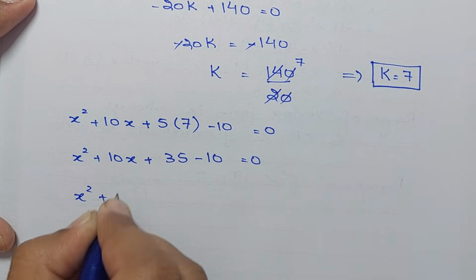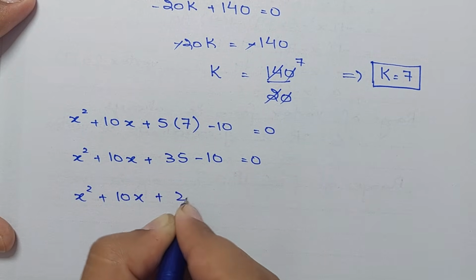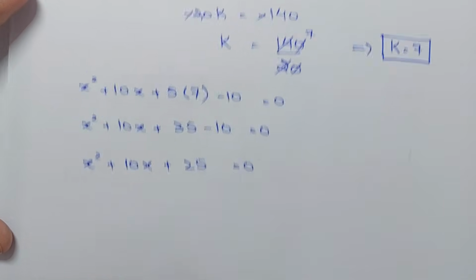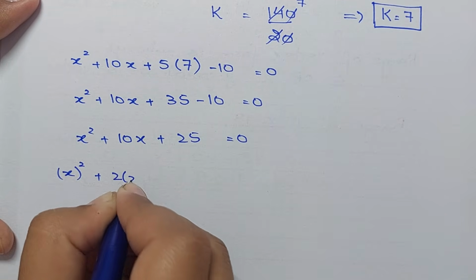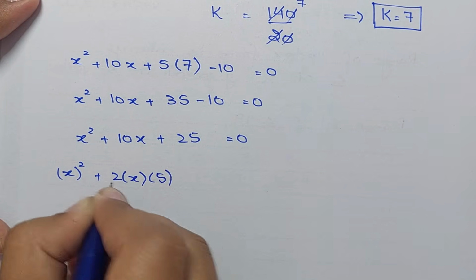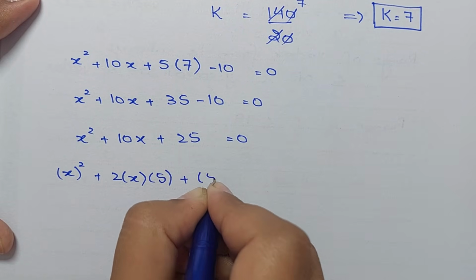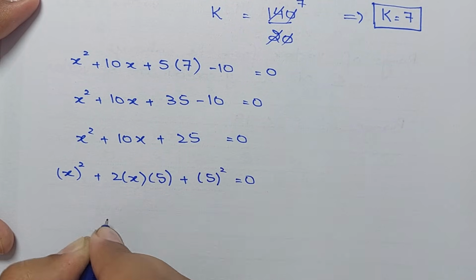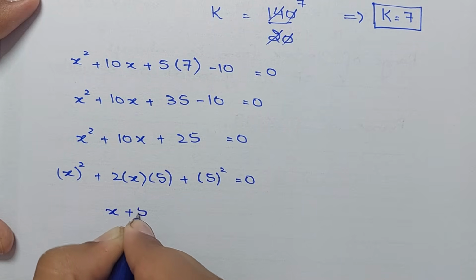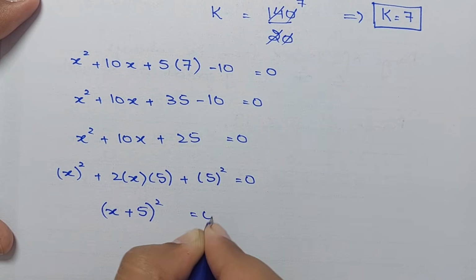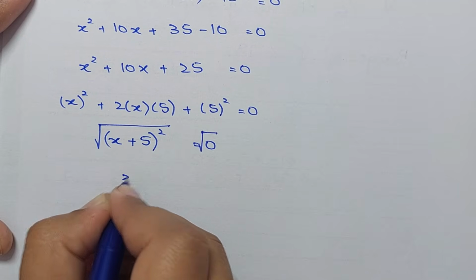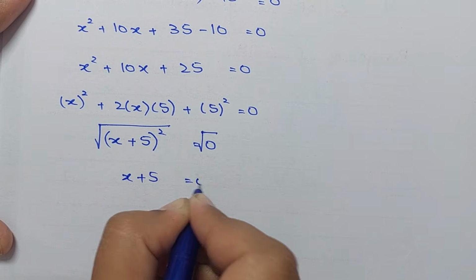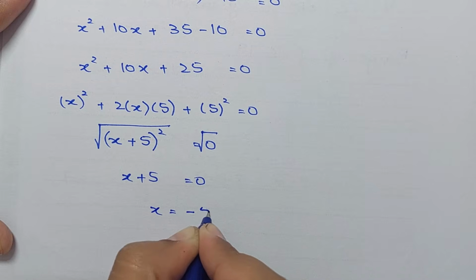This is x square plus 10x plus 25 equals 0. We can write this down as x square plus 2 into x into 5, which is 10x, plus 5 square is 25, and that is equal to x plus 5 whole square equals 0. Taking a square root on both sides to solve for x, so x plus 5 equals 0. So the x coordinate is minus 5.